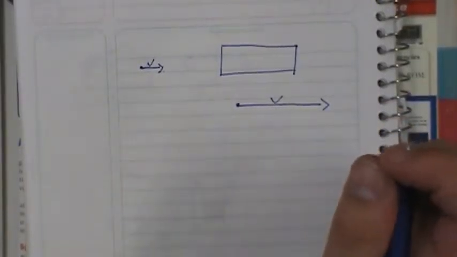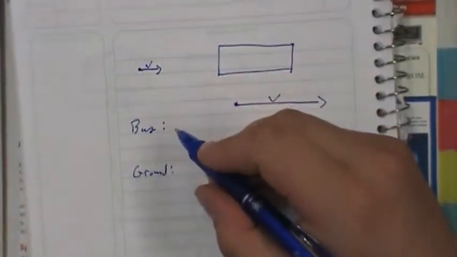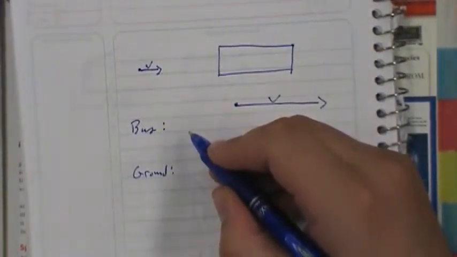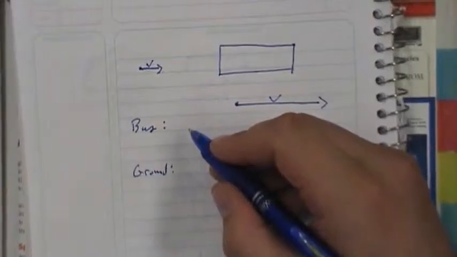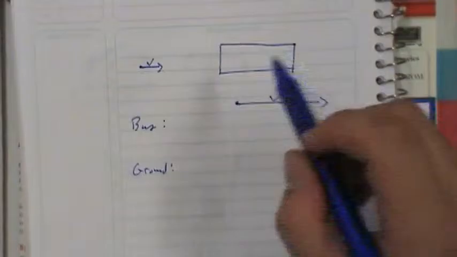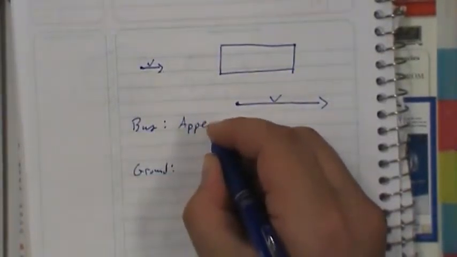Now, what the question is asking us to do is sort of picture what you would see if you were a person on the bus, so from the bus's perspective for the first part, and from the ground for the second perspective. Well, if you were a person sitting on the bus, this is a little bit odd, but if you think about it, look out the back of the bus, you see the person is walking towards you, but because you're moving faster than they are, they appear to be moving backwards.